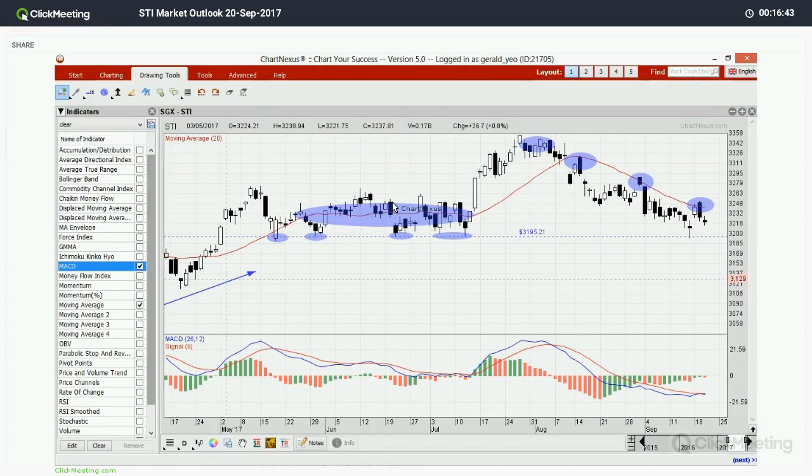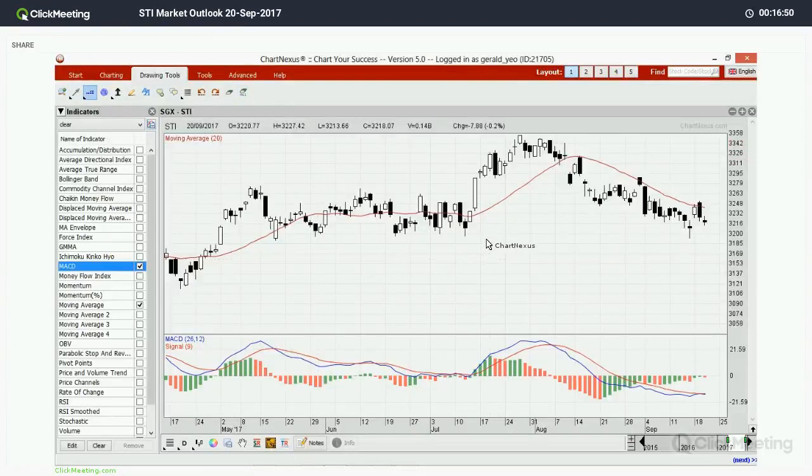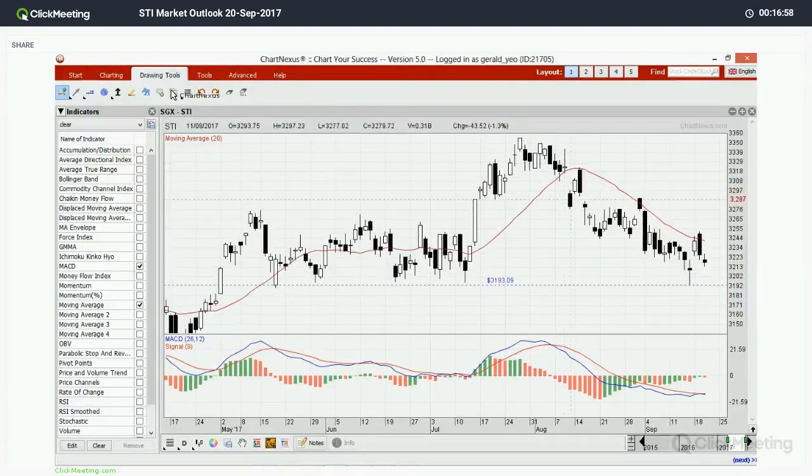Now, let me erase all the drawings, keeping the support line there, 3190, 3195, around there. You can see that the prices have been coming down lower each time, came down lower, came down lower, in fact it's now lower.